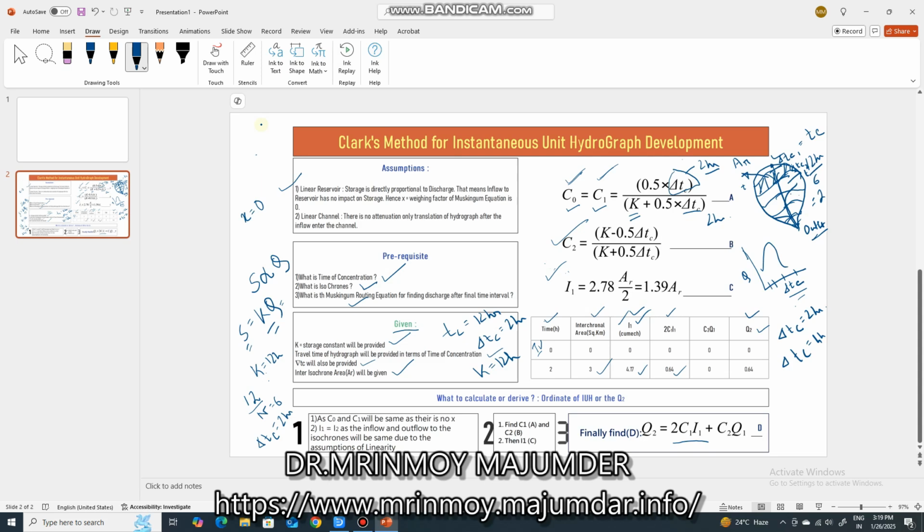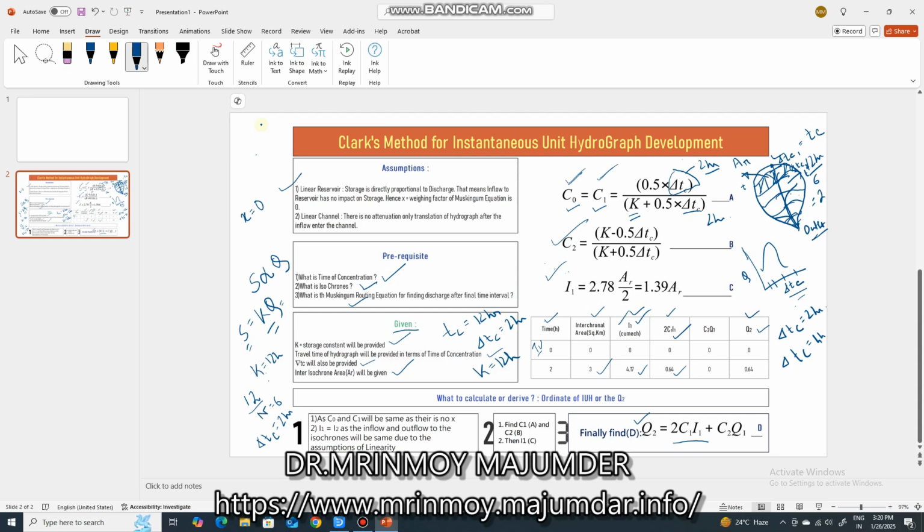Now for the first time scale, how do we calculate Q2? Q2 equals 2C1 I1, which we calculated to be 0.64. C2 Q1 is 0 because Q1 is 0, as at the first time step there is no discharge.